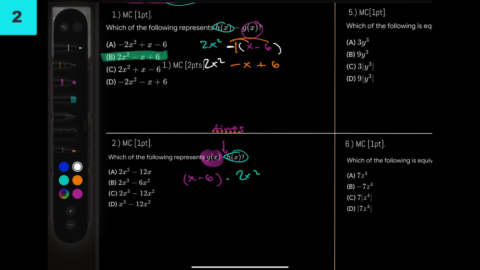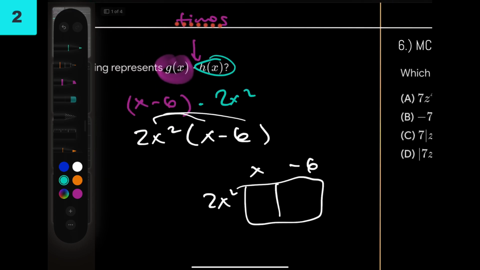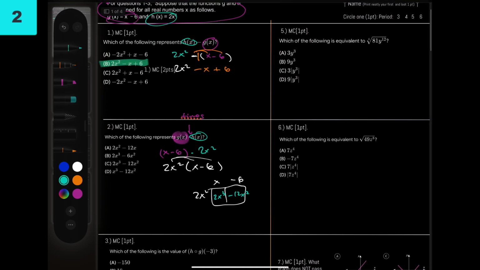So you could do a monomial. You can just rewrite it if you wanted to. You could distribute, or you can do a box. So I'm going to get 2x to the third minus 12x squared, and that'll be choice C.